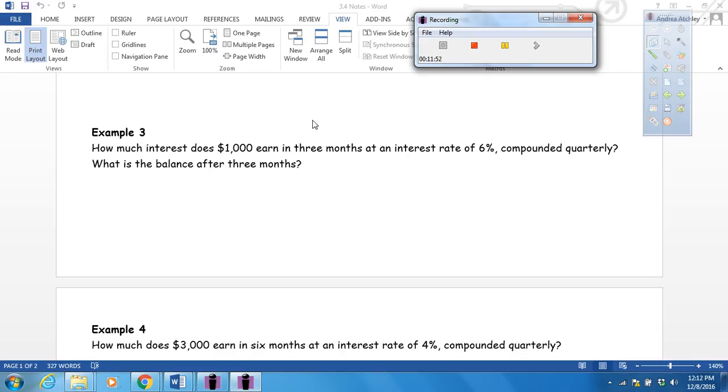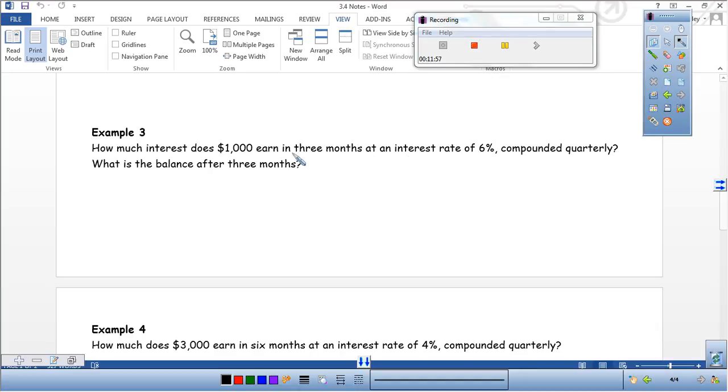We're going to have 3 months. Okay, we're compounding it for 3 months. And it was a quarterly compounding.